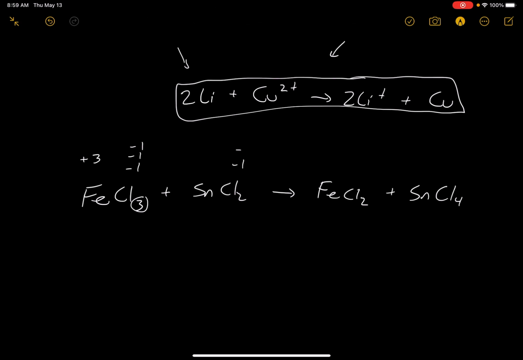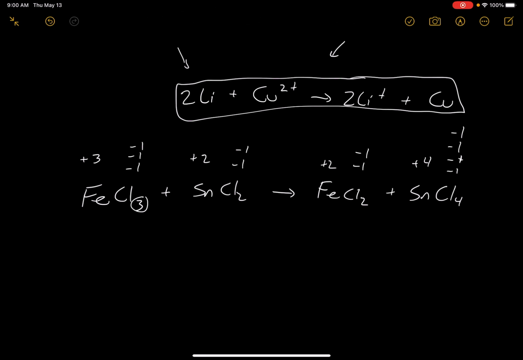So chlorine over here will be -1, -1 for the same reason, and so my Sn, or tin, will be +2. Fe over here will be +3, chlorine -1, -1. These will be -4, so 4 little -1s up there, and then my Sn will be +4.